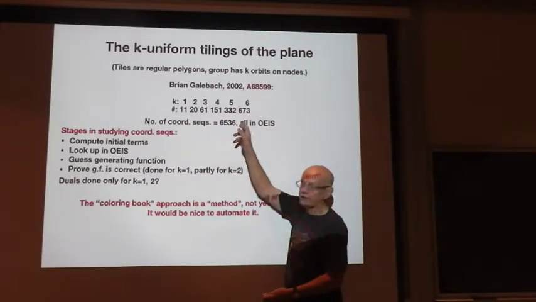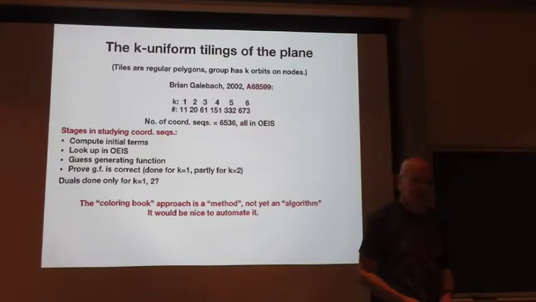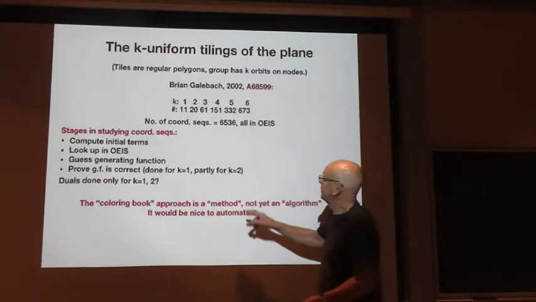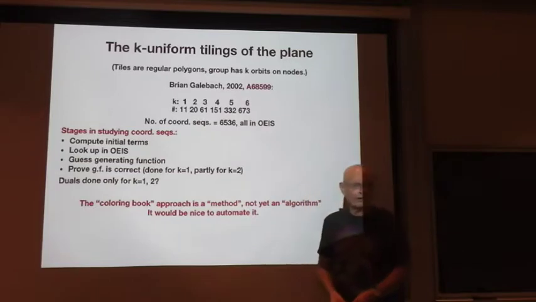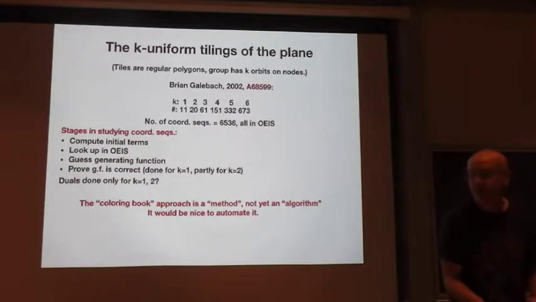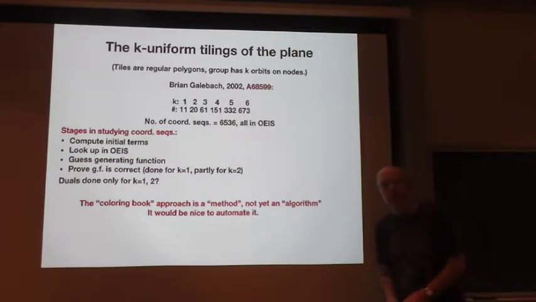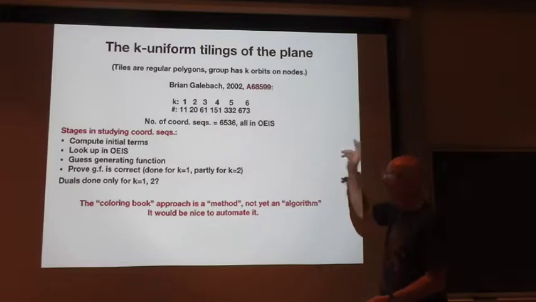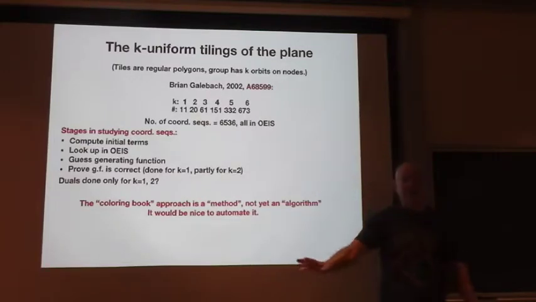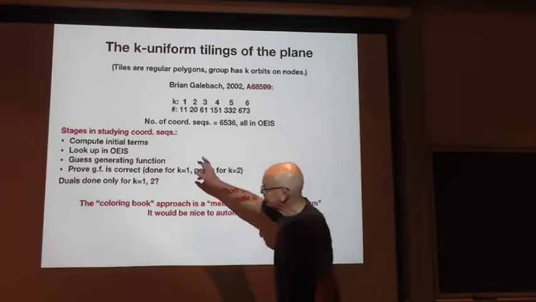So there are 6 times 673 coordination sequences. So altogether, there are 6536 coordination sequences for all of these. And these are all now in the OEIS, with Russ Cox's help and Brian Gallabach's computations. At least the beginnings, the numerical values.